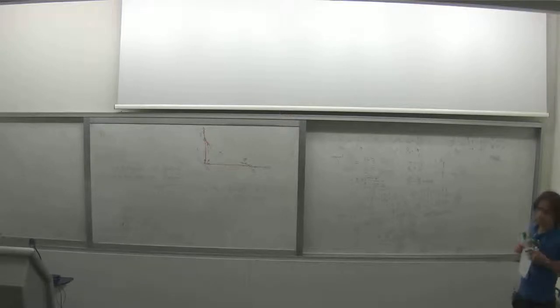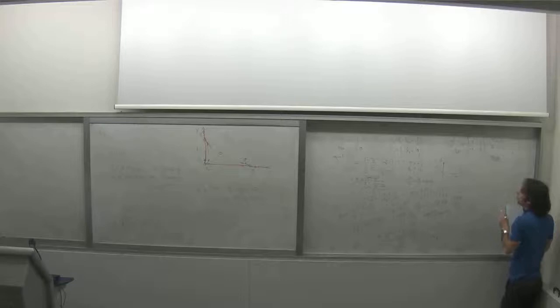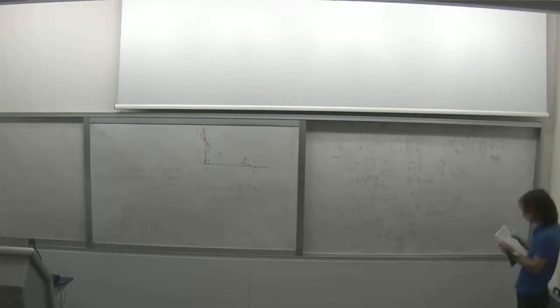This is a saddle, and we'd like to know where its eigenvectors are, so they'll be our stable and unstable manifolds.